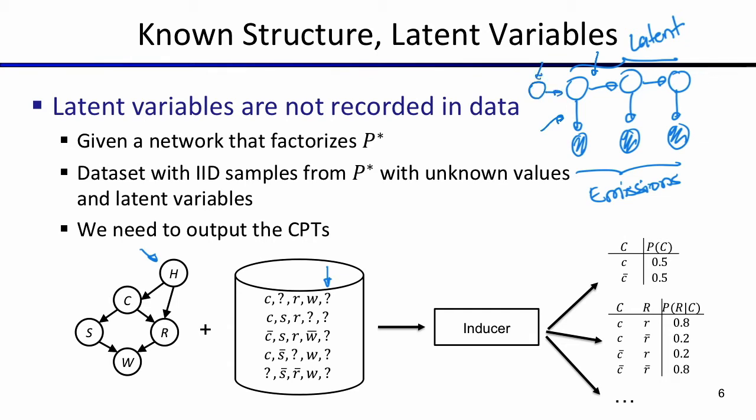And so we'll be interested in learning these three pieces of information based only on the information of the emission. So it's going to be like a sequence, like you have an umbrella or not have an umbrella, observing an umbrella, not observing an umbrella, and we want to learn all the parameters. So it's going to be a slightly more difficult problem because we're going to have missing information about all these states here.